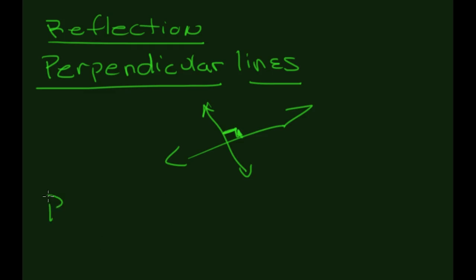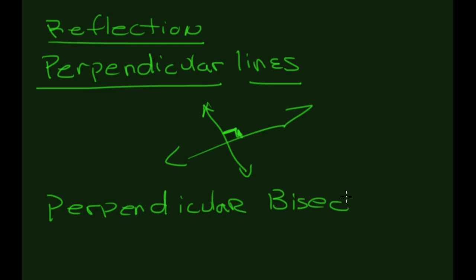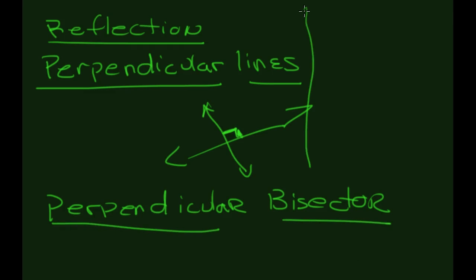We're also going to talk about a thing called a perpendicular bisector. If I have some segment AB, and this point here, we'll call it M, is the midpoint of that segment.